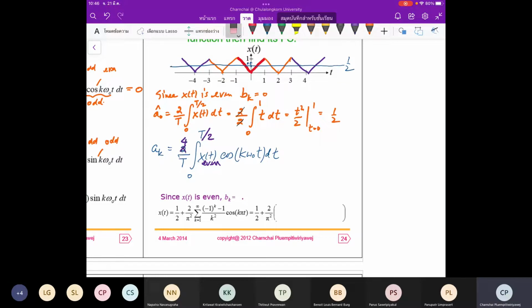And when you integrate just half a period, x(t) is just t.